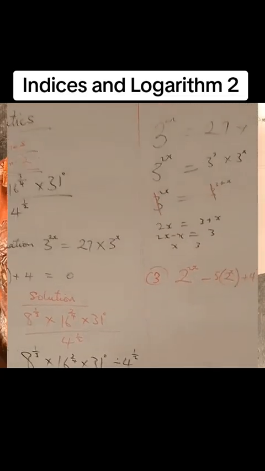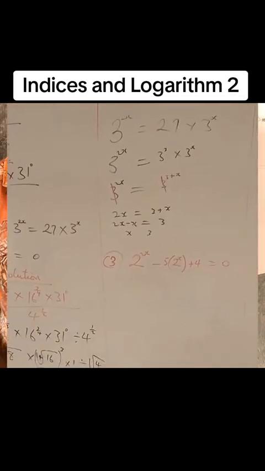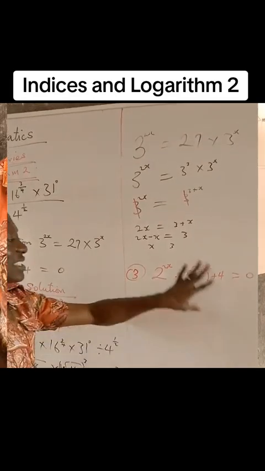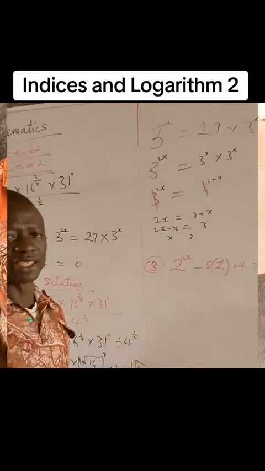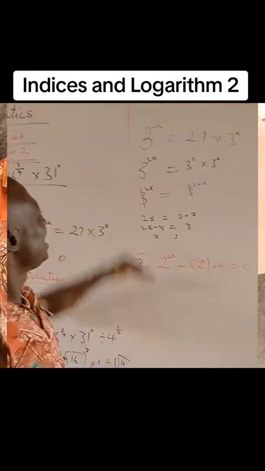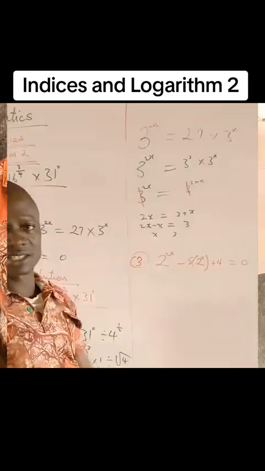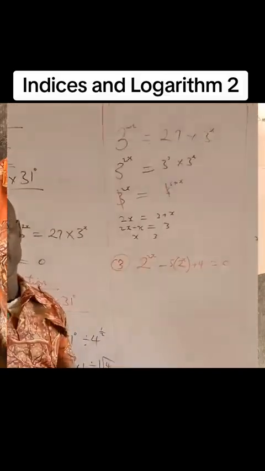Remember, as we said before, that what we do in equation of indices is to make sure we find out a way to write the left hand side and the right hand side to have the same base, just as we did in question number 2, before we were able to cancel the base and use indices. This time, however, it's not going to work out here.